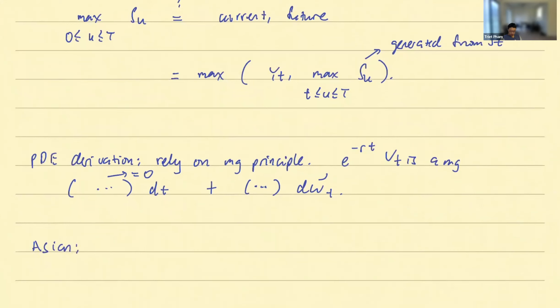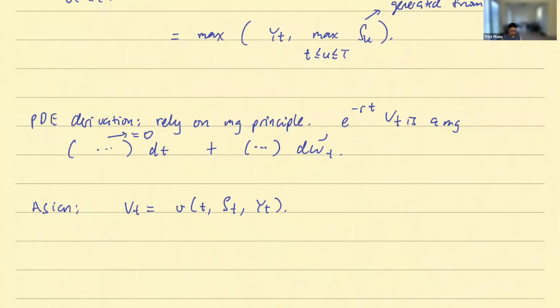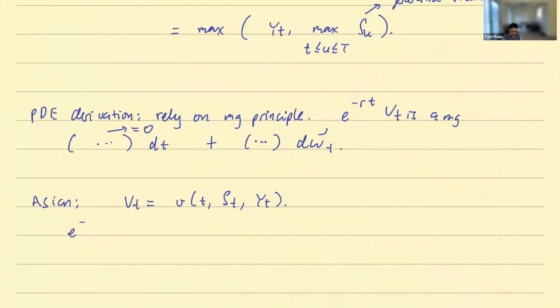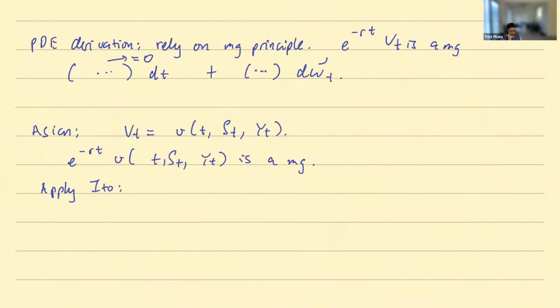For the Asian option, we show that this is the case. So therefore, e to the minus rt V(t, S_t, Y_t) is a martingale. Therefore, we can apply Ito's formula. And pay attention.